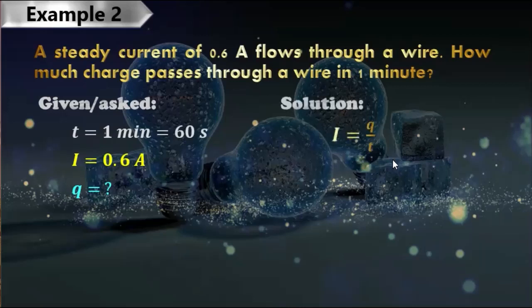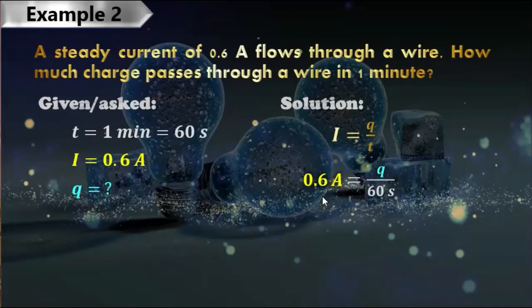Solve the problem using the formula. I is equal to Q over T. Substitute the given. We have the value of I, which is 0.6 A, equals, leave as it is because Q is unknown, over 60 seconds. Cross multiply.